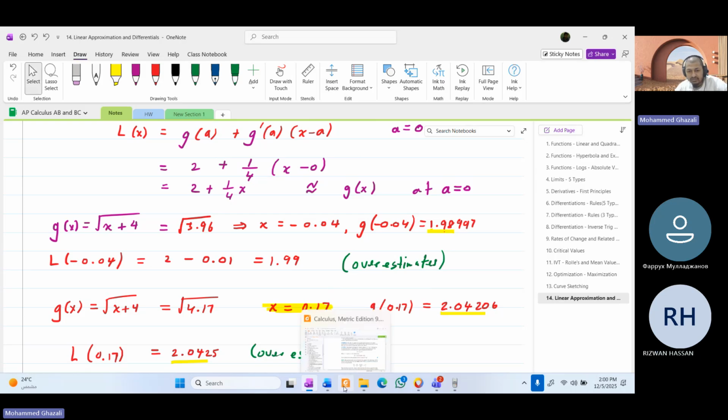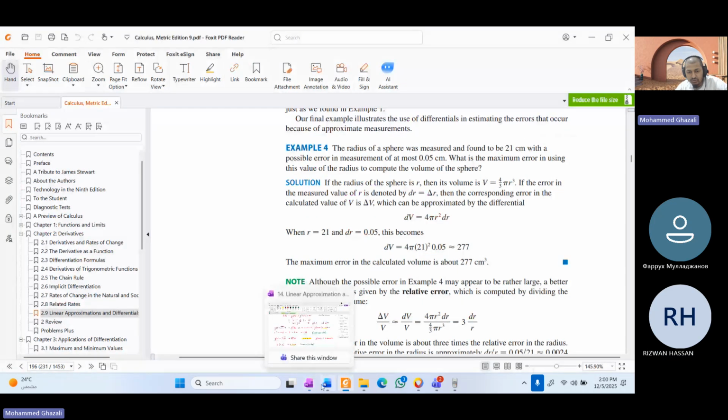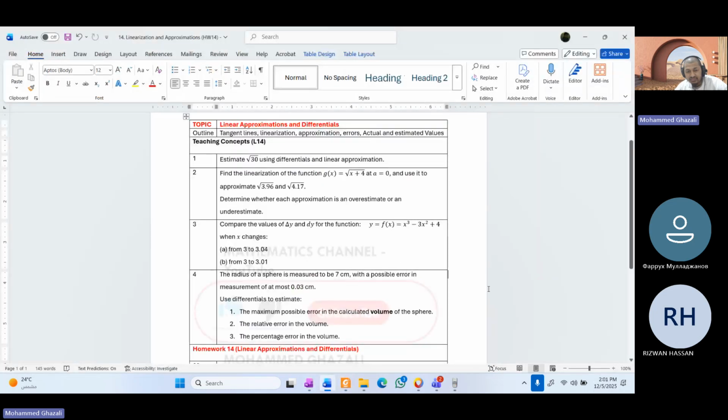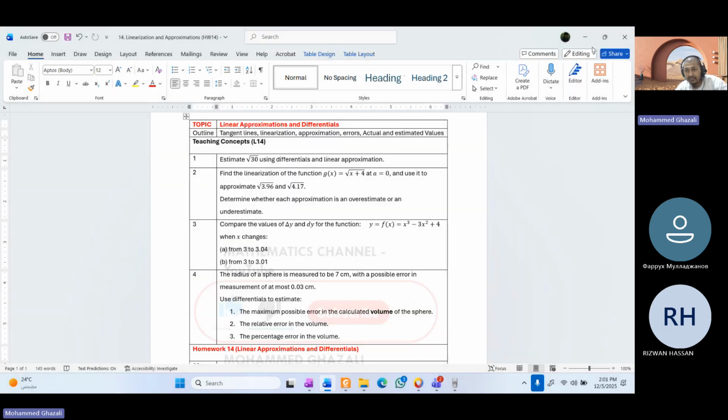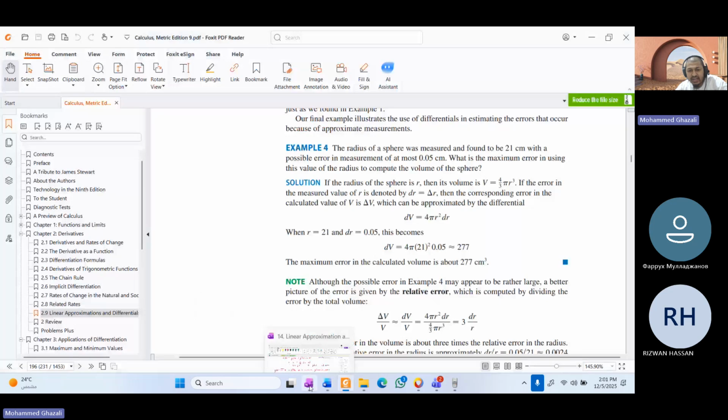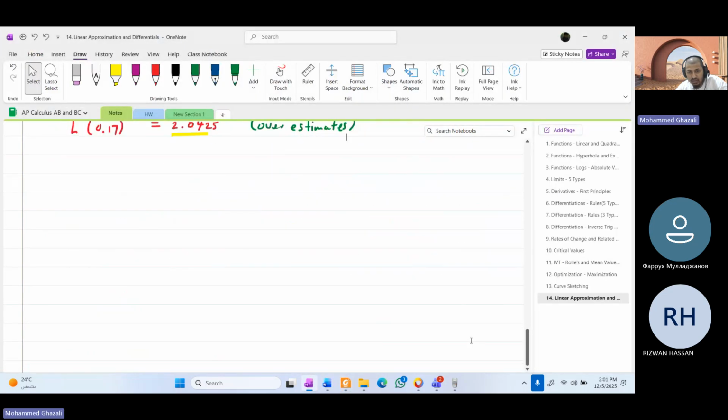Now, next part. Let's see if we have more examples. All right, let's look at the next one. The next part is a different concept, which is dealing with differentials. A differential is a change between functions.